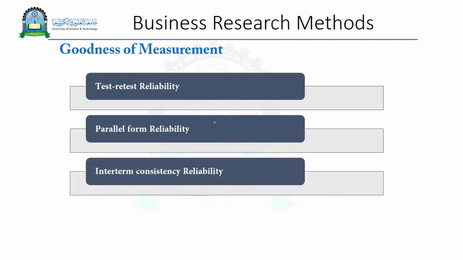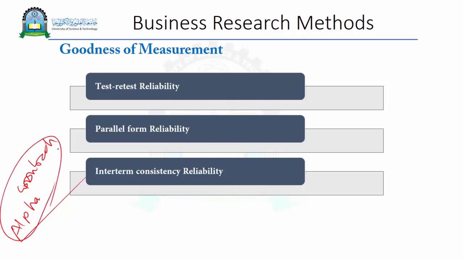The third, which is the most important one, is the internal consistency reliability, and this can be tested in SPSS by an equation called Cronbach's alpha. According to most researchers, if the value of Cronbach's alpha in SPSS for the questionnaire is 0.70 plus, it is reliable.